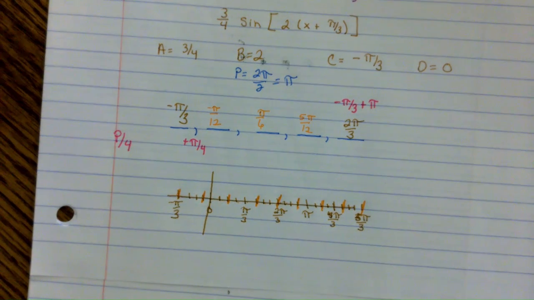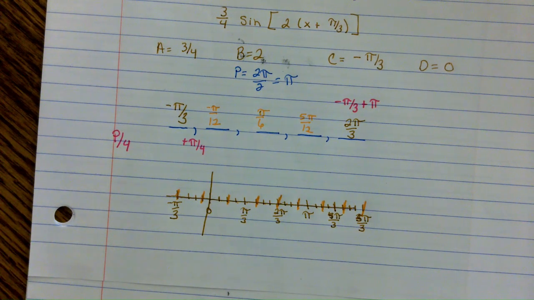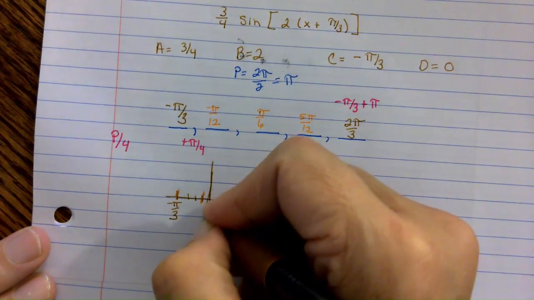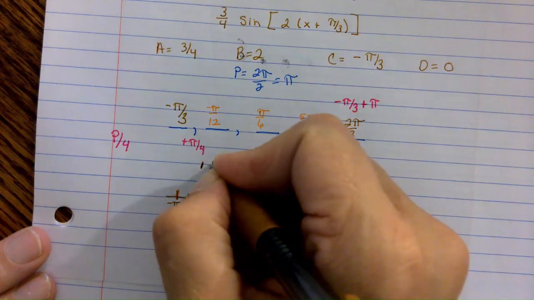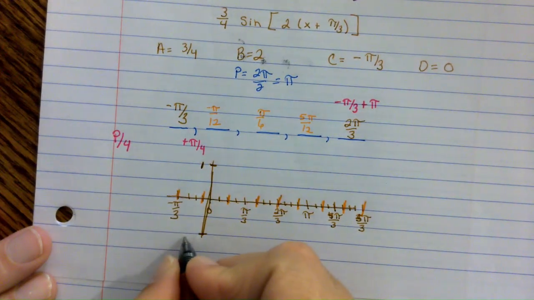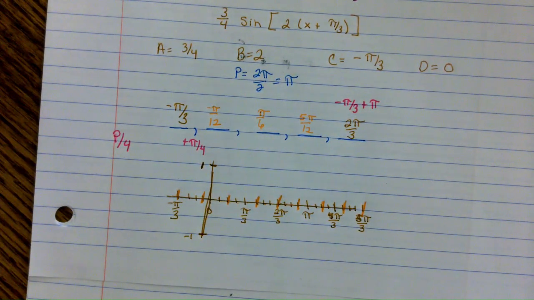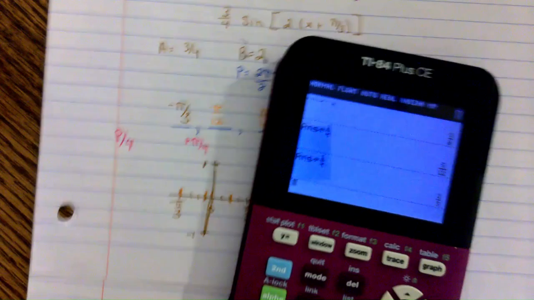So now we definitely have our scale down. Now, since our amplitude is only going to be 3/4, I'm going to draw this so that 1 is up here and negative 1 is down here. That way I can see where my 3/4 is. All right.